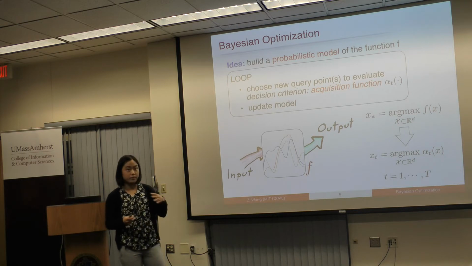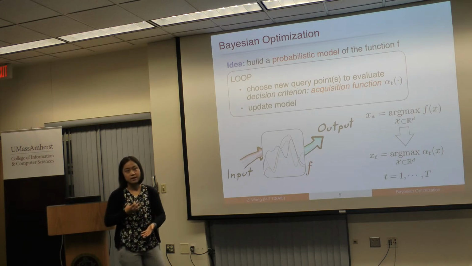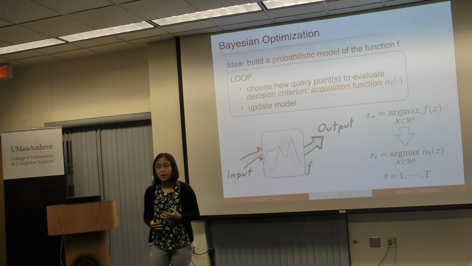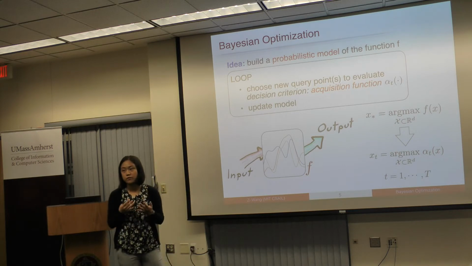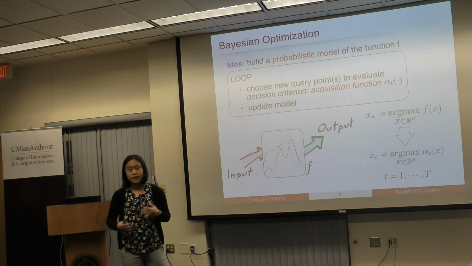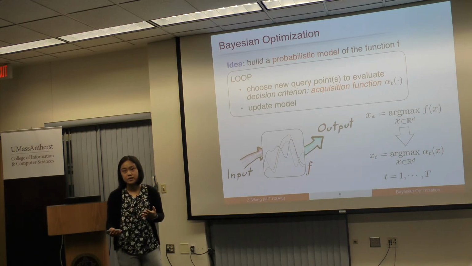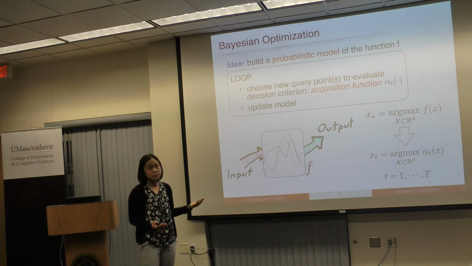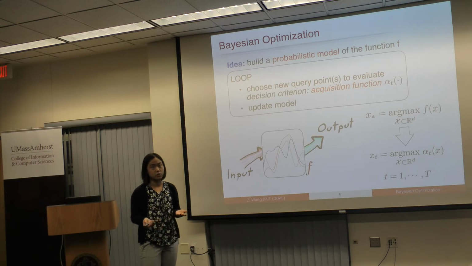We optimize that acquisition function, use that argmax as the next point to evaluate, add the new data into our model and repeat. So basically we're reducing the problem of optimizing a very expensive black box function into a series of optimization problems for these acquisition functions, which are cheap to evaluate and typically have closed form.